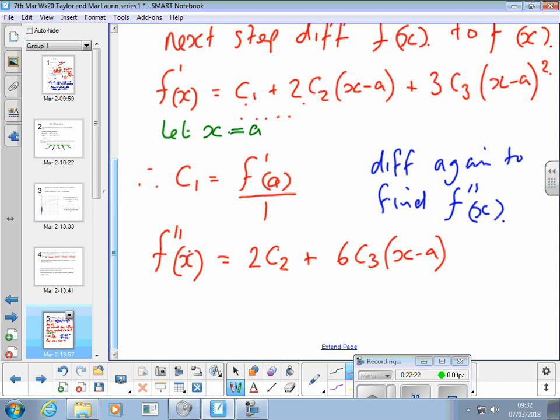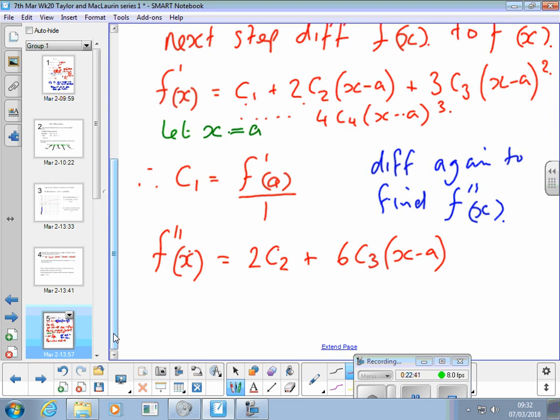And the next one would be, I didn't put the next one on there, that would have been 4C4 X minus A to the power of 3. We better include that one.